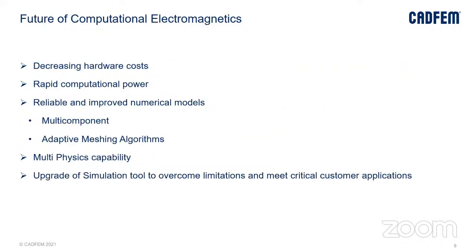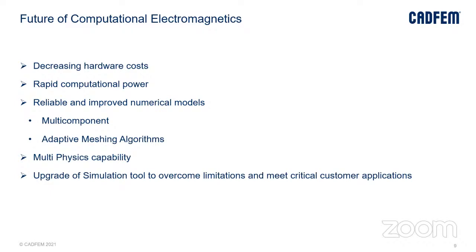The future of computational electromagnetics would be rapid computational power, and reliable and improved methods. The numerical methods are being improved day by day, and there's a lot of scope in computational electromagnetics, and adaptive meshing algorithms are getting improved day by day. This improves the accuracy of the simulation, and also reduces the time taken for simulation.